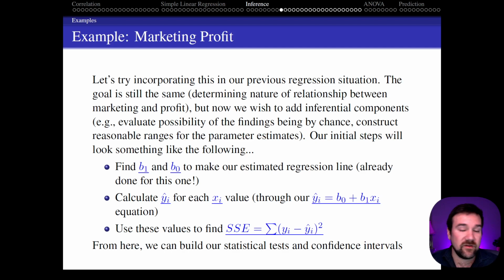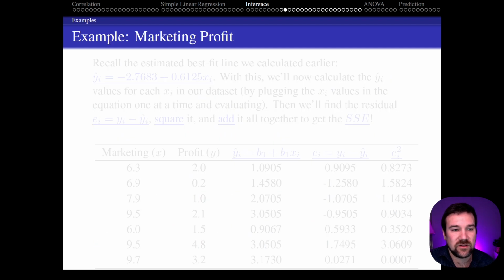From here, I have everything I need to start building out my MSE, calculating the square root of that to get s, and then using that to find my standard error of the slope and standard error of the intercept, which is the last piece that I need in order to do my hypothesis tests and confidence intervals for both the intercept and slope. Woo! All right. It's a lot, so let's get started.